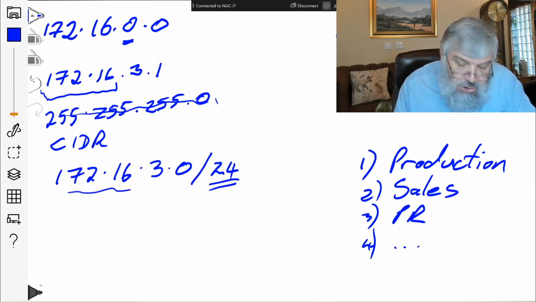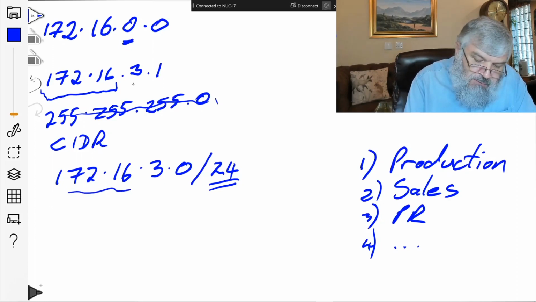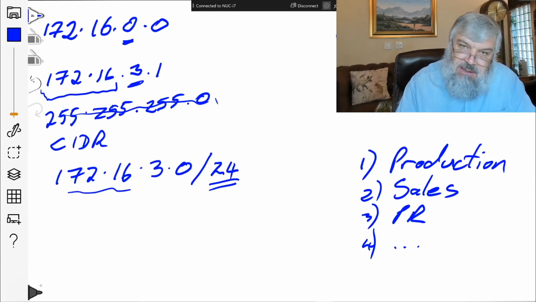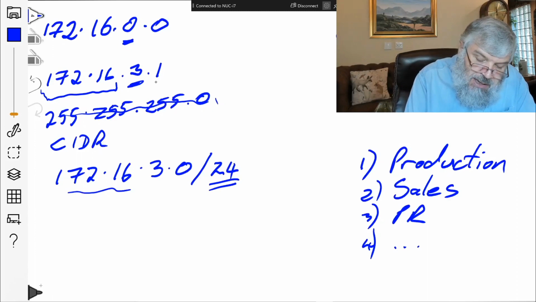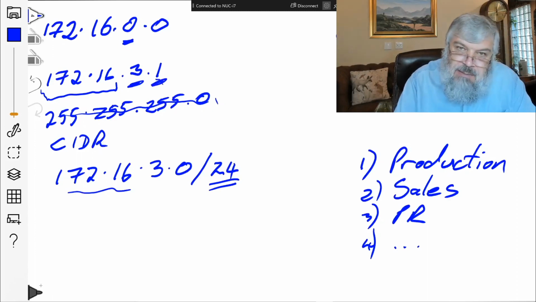Now, based on the choice that I've made here, I can have up to 256 departments in my company. It's a pretty big company that I'm running if I have 256 departments. On the other hand, I have a limited number of hosts in each department.